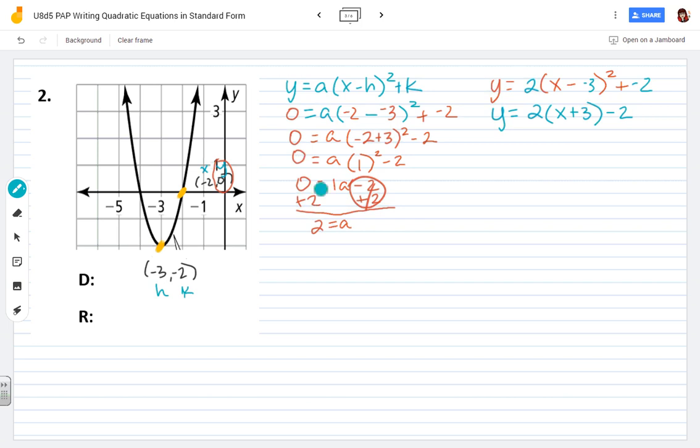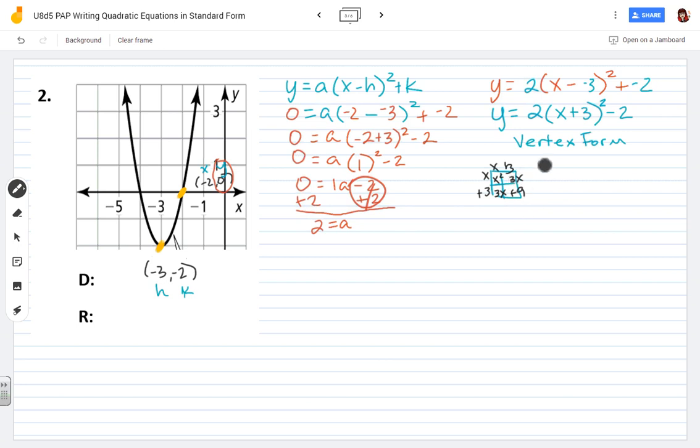Again here, if we were wanting to know what the vertex form is, oh, and I forgot this. This would be vertex form. Of course, we're writing it in standard form, so we take it to the next step. We do our little square: x plus 3, x plus 3, so x squared, 3x, 3x, plus 9, right?